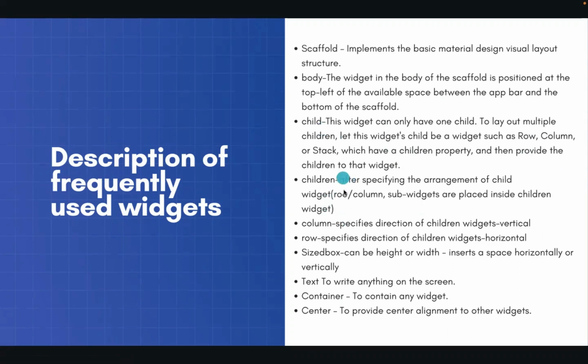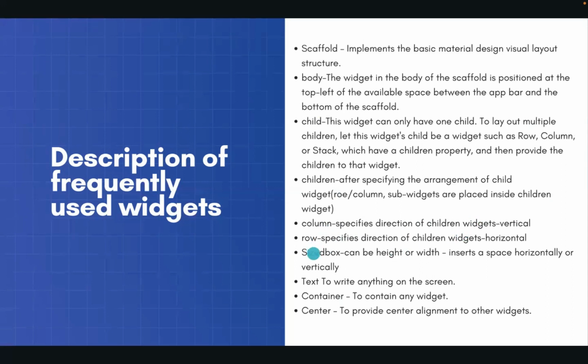So these are row or column sub widgets placed inside the children widget. Column specifies the direction of the children widgets. The children will be placed vertically if you give it a property of column. The same for row, but horizontal.